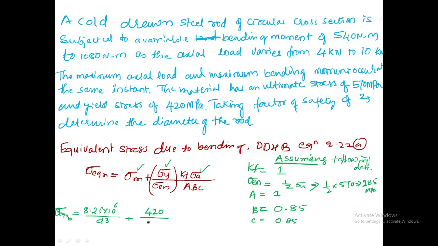Sigma en is 285. Now k f you took as 1. Sigma a is 2.75 into 10 to the power of 6 divided by d cube. Let us substitute the value of a here, 1, b equal to 0.85. Now we calculate the sigma equivalent because of bending.